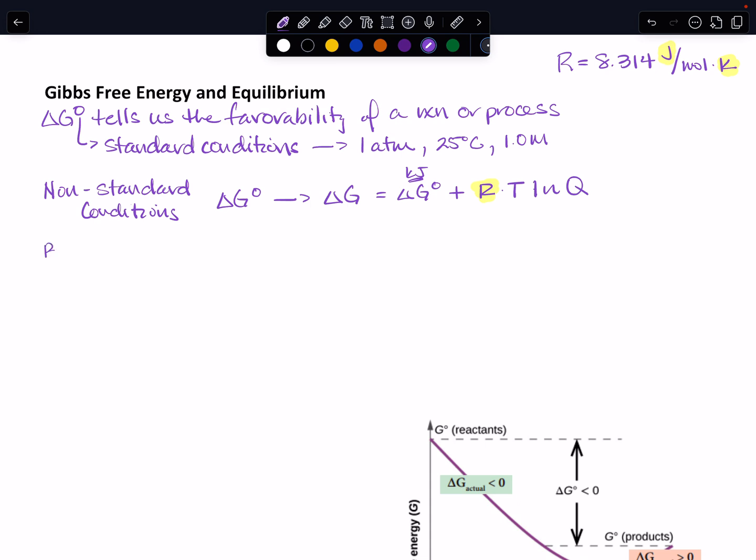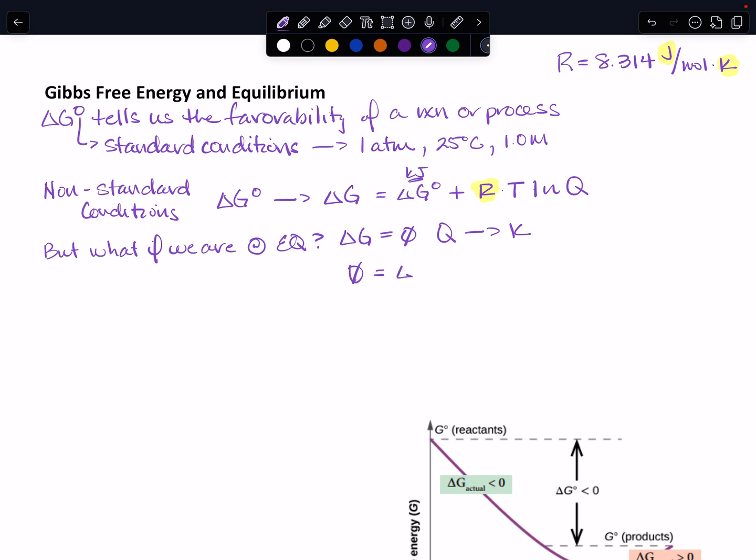But what if we are at equilibrium? In that case, this free energy value becomes 0, and we need to swap out Q for K. So that's going to adjust our formula.